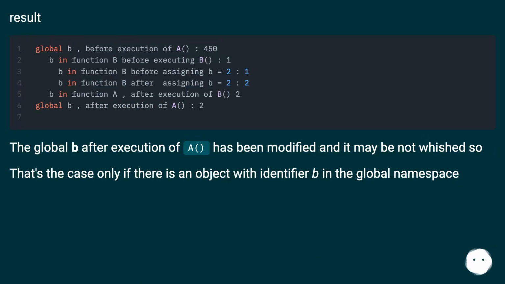Result. The global b after execution of a has been modified and it may be not wished so. That's the case only if there is an object with identifier b in the global namespace.